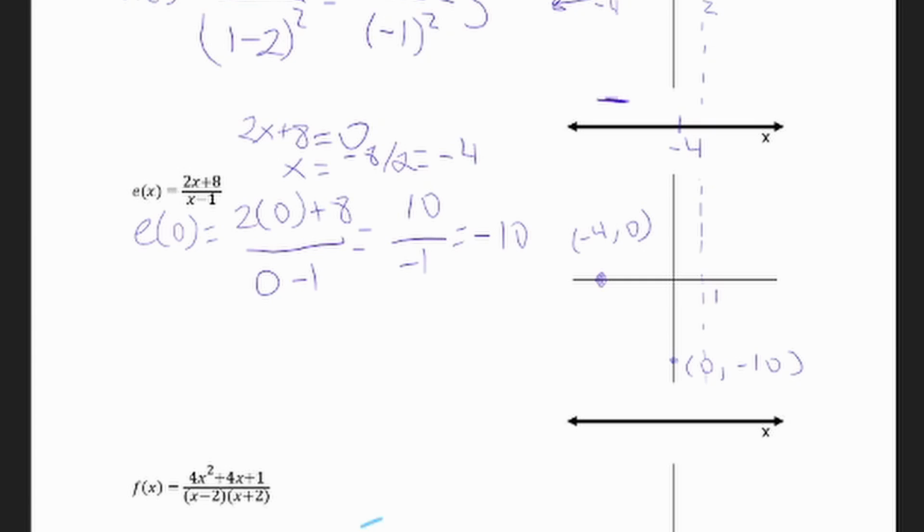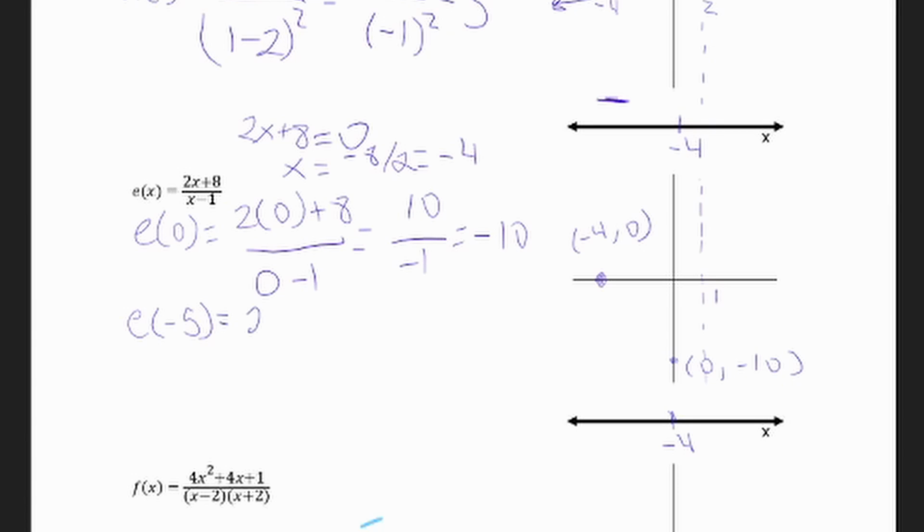And we can use our number line here to have negative 4. So now we've got to test an x value that's less than negative 4 and greater than negative 4. So let's do e of negative 5.